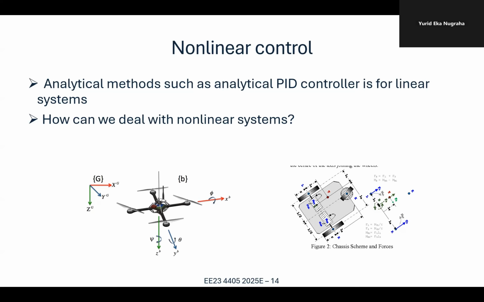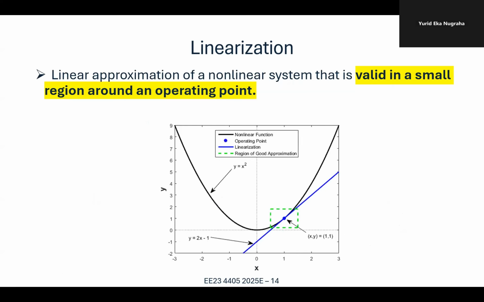Of course we can control this, but it's more of a trial and error method, and it's not theoretically guaranteed that we can perform the control with this linear model. So one method that we use here is called linearization.